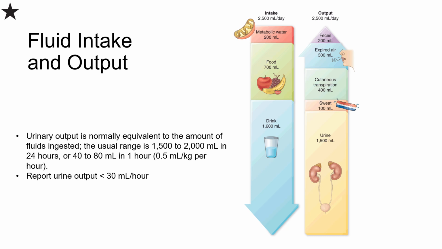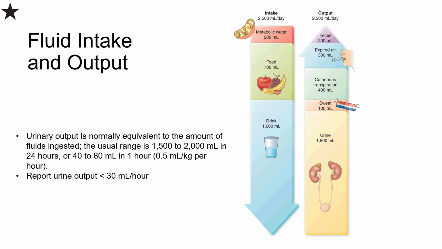Fluid intake and output. This is a basic concept that we covered in foundations. We take in fluid either by mouth through liquids that we drink, or food that contains liquids, like fruit or something that has a high water content, or we can get it through IV.